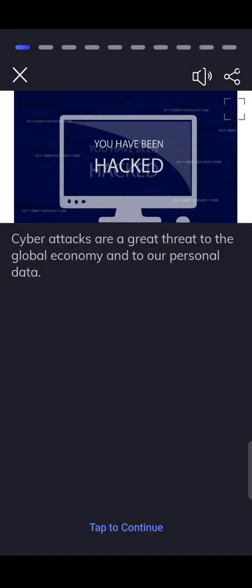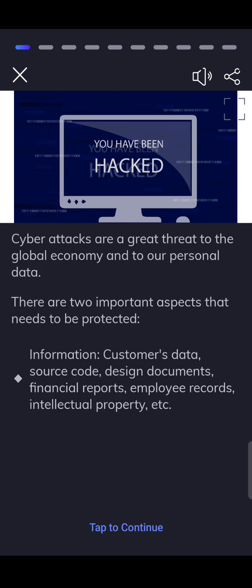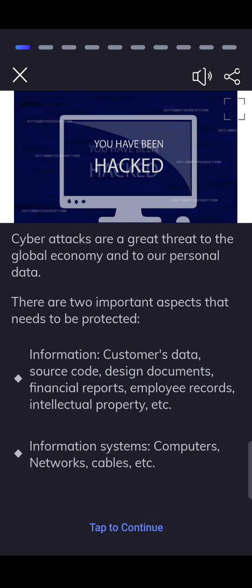Cyber attacks are a great threat to the global economy and to our personal data. There are two important aspects that need to be protected. Information: customers' data, source code, design documents, financial reports, employee records, intellectual property, etc. Information systems: computers, networks, cables.